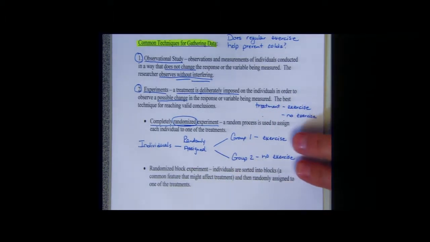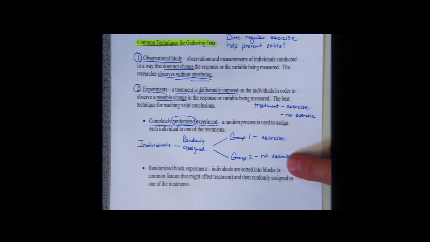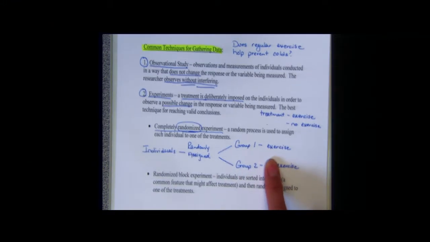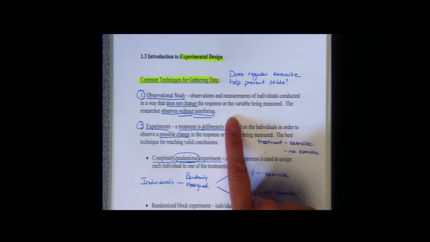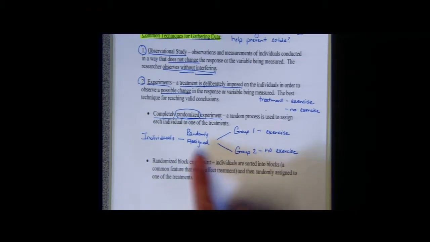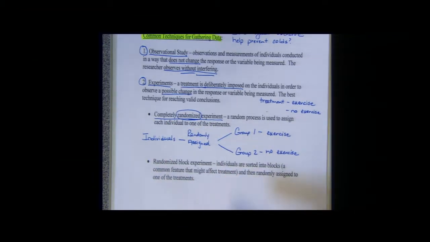So you would have two groups, the group that did partake in exercise, the group that did not. Then at the end of the year, you could see how many colds they have and do a direct comparison. But this is an experiment because you were imposing this group to exercise, whereas in observational, they may or may not have. You did not tell them to. This is a completely randomized experiment.